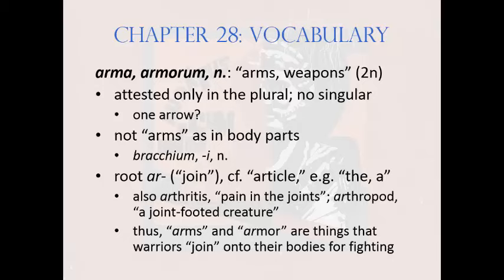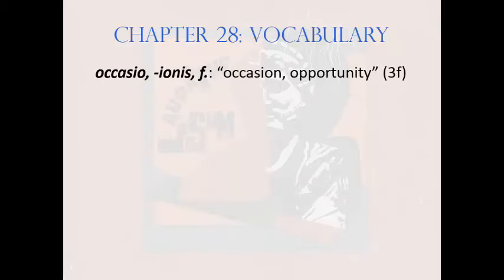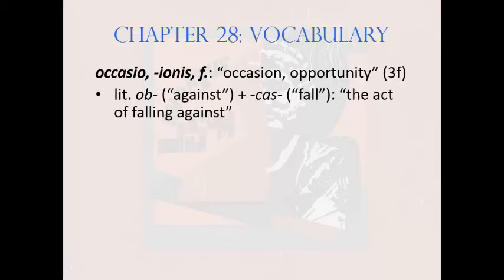The next word is occasio, occasionis, feminine, meaning occasion or opportunity. And like all ionis nouns in Latin, it's third declension feminine, has an abstract sense, and is not i-stem. Occasio is a compound of the prefix ob, meaning against, and the base cas, meaning fall.